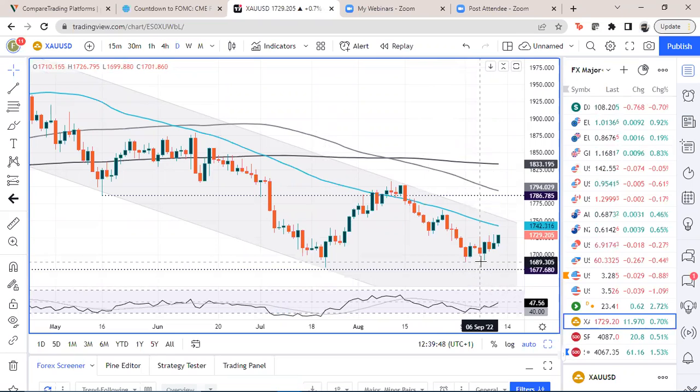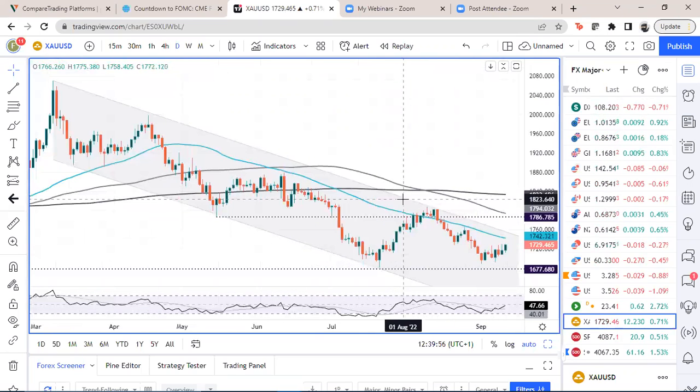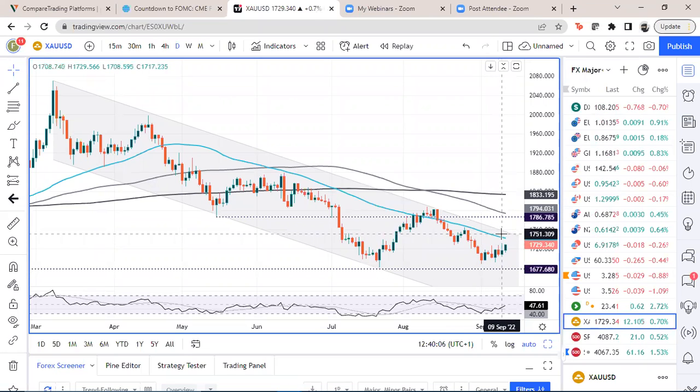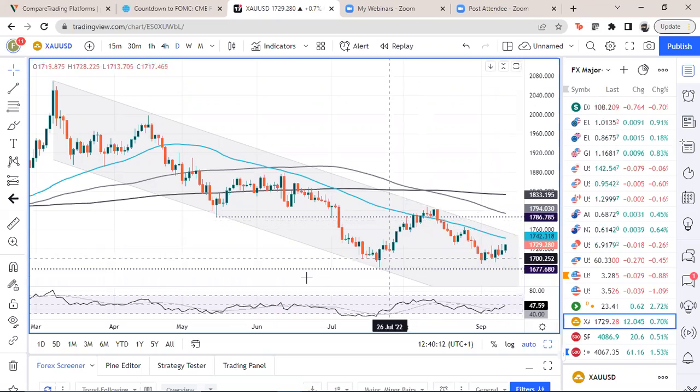So that's near-term support, and we're pushing now up to the first level of resistance, 1742, the 50-day moving average. And then you can see the bear channel that we've drawn here, a long-term descending channel, if you like. Where does that come in? We need to break above, say, 1750 or so to potentially break out of there, but then we've got resistance levels above.